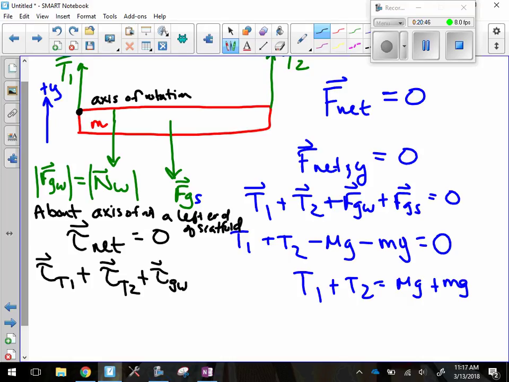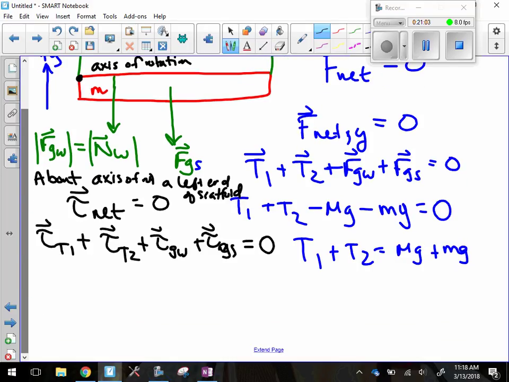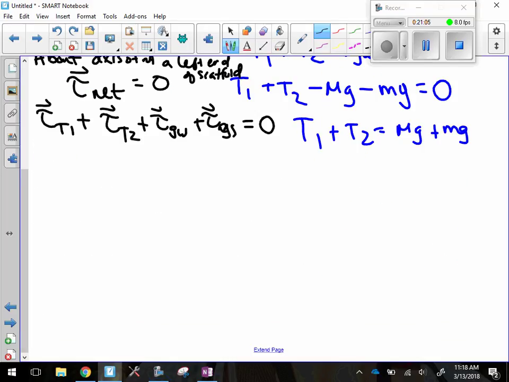I'm just going to call it GW, gravitational force due to the window washer. And what else is going to have a torque? Yeah, the gravitational force on the scaffold itself, and that's all got to equal 0. Now we can make some more space. I just want to be able to see the picture. Okay.